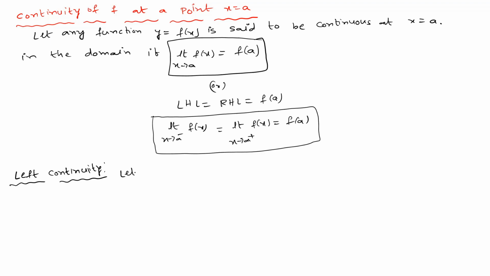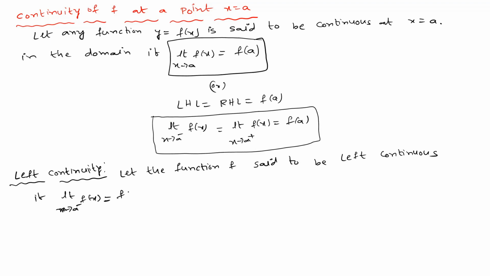Let the function f be said to be left continuous if limit x tends to a minus f of x is equal to f of a. Then that function is called left continuous.